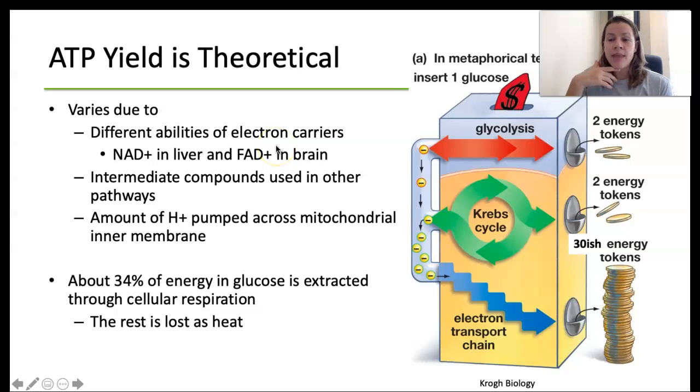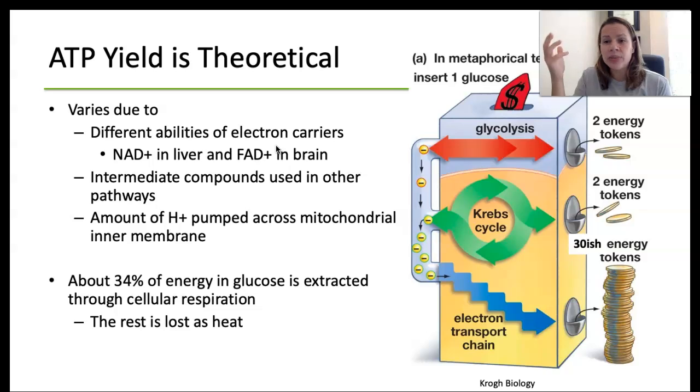We also may see that some of the intermediate compounds get transferred to other pathways, so some ATP may not be generated because it's going along a different pathway. And sometimes you won't get enough protons pumped across the membrane.